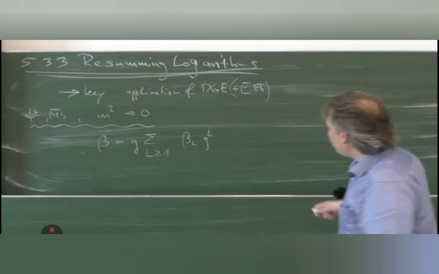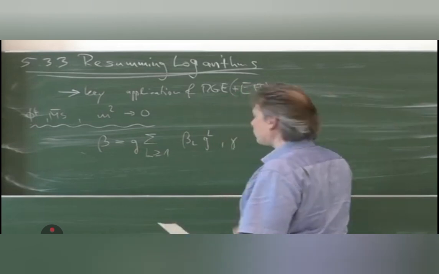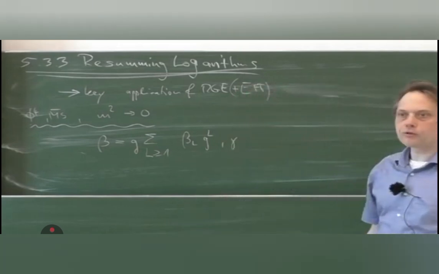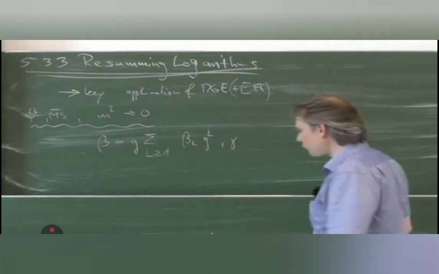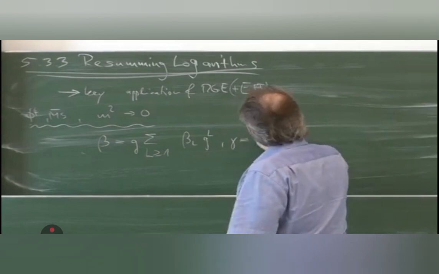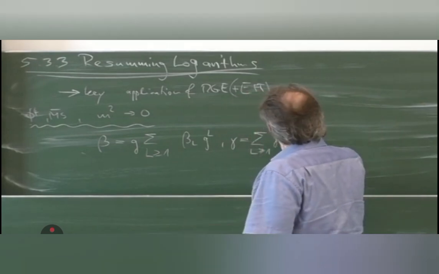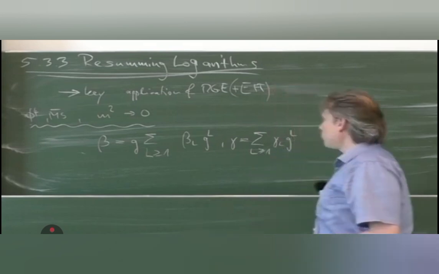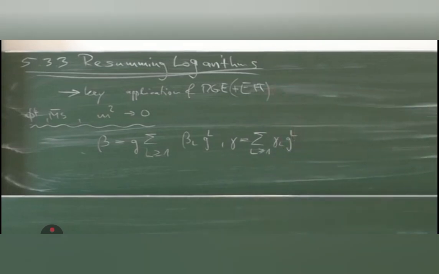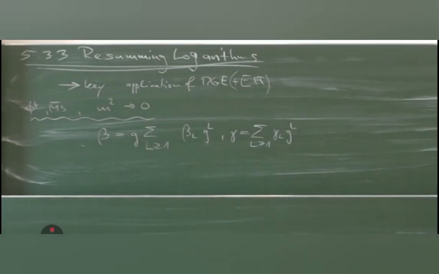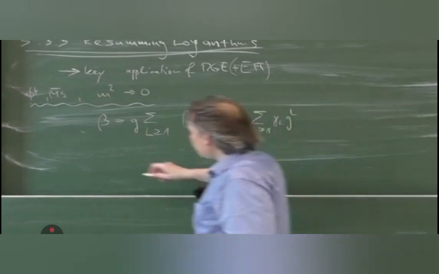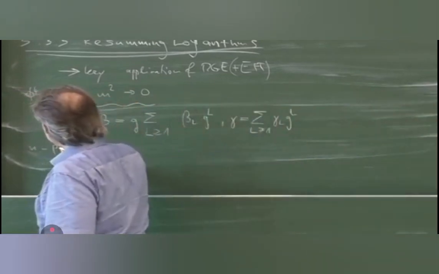And similarly, there is a gamma function which governs the running of the renormalization. It is simply given by a sum of γ_L times the coupling to the power L, so the running starts at order 2.